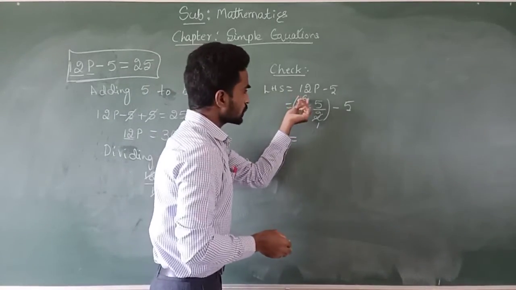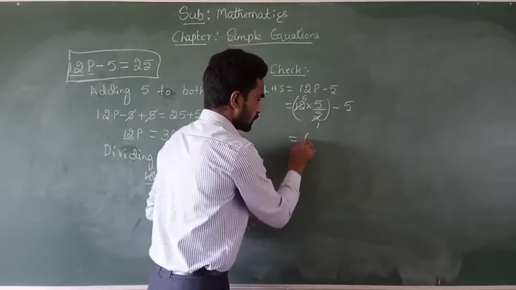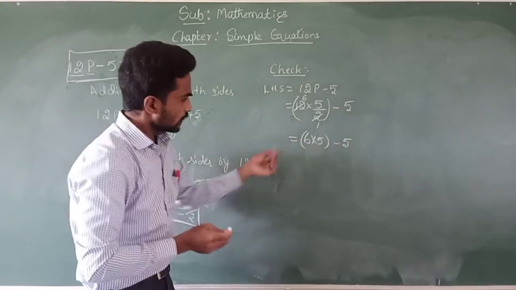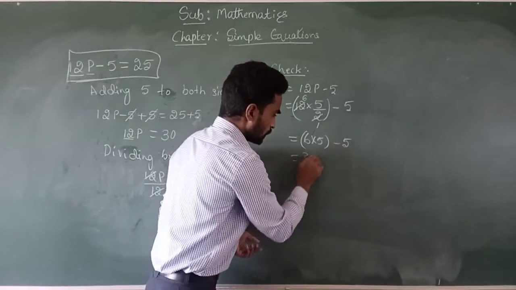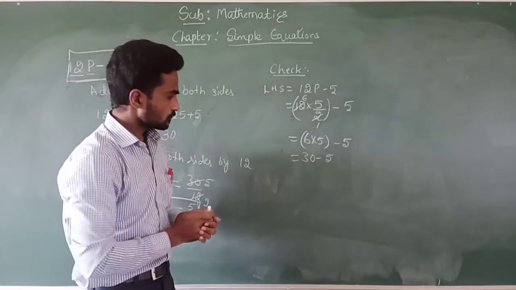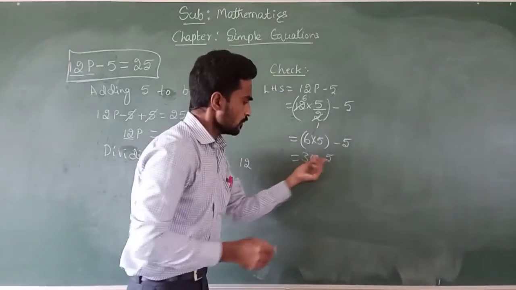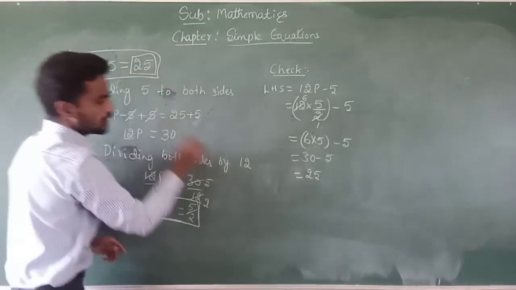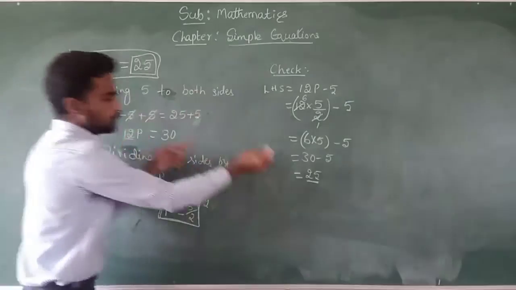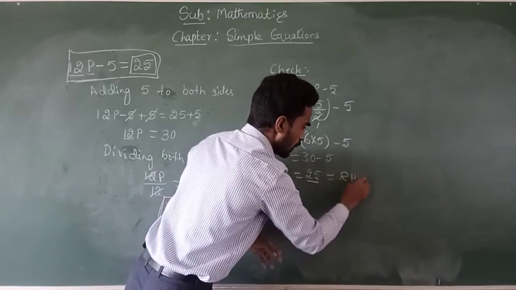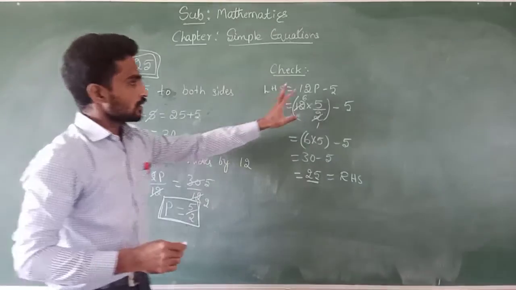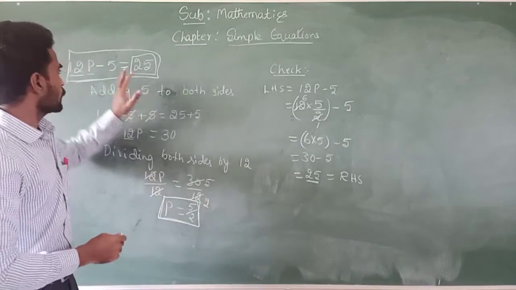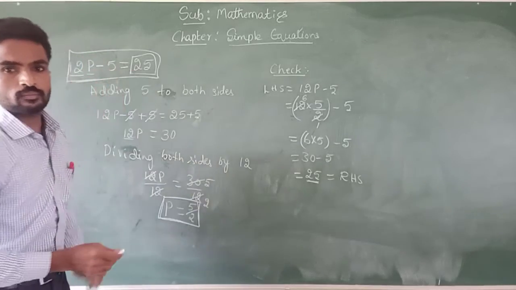Then the remaining terms are 6 into 5 minus 5. Then 6 5s are 30 minus 5, which is 25. Observe that the RHS and this answer are the same, so LHS is equal to RHS. Then the value p is equal to 5 by 2 is the correct solution for the given equation.